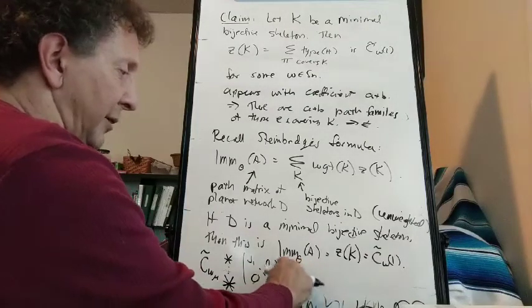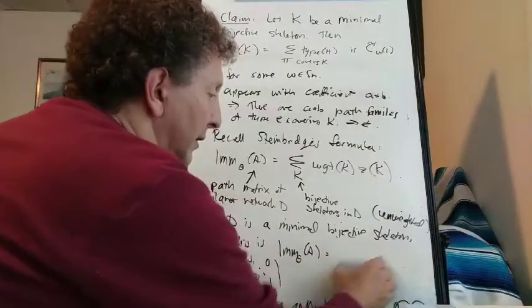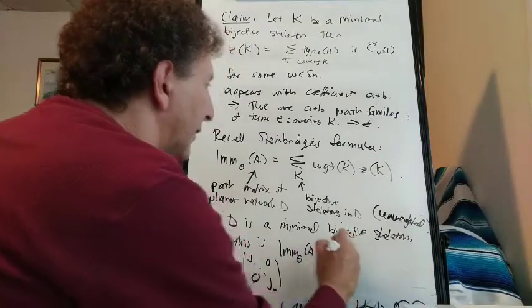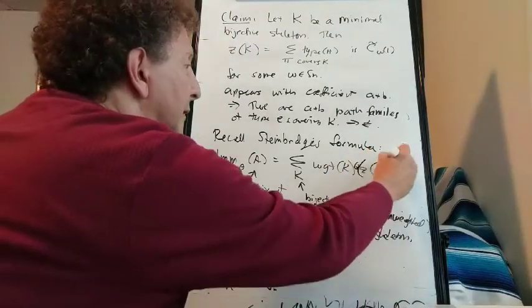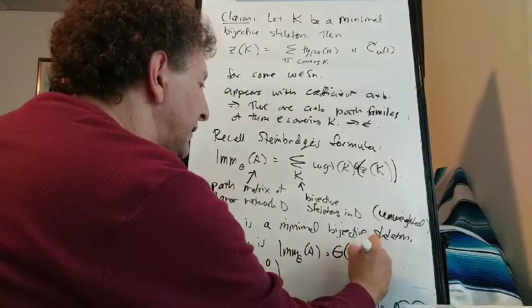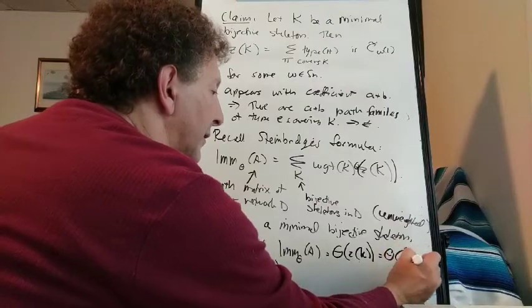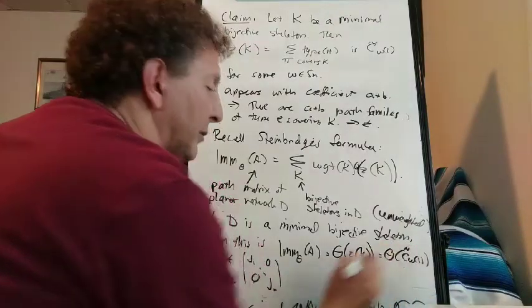The theta immanant corresponds to evaluating theta of Z of K, or theta of some Kazhdan-Lusztig basis element.